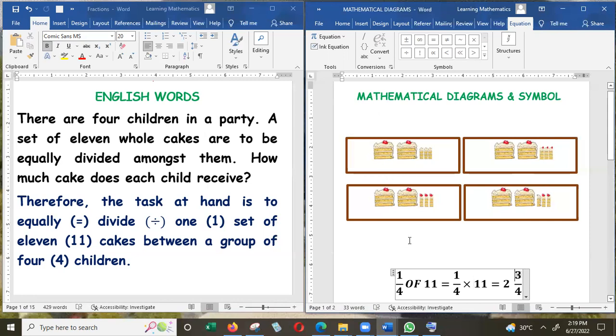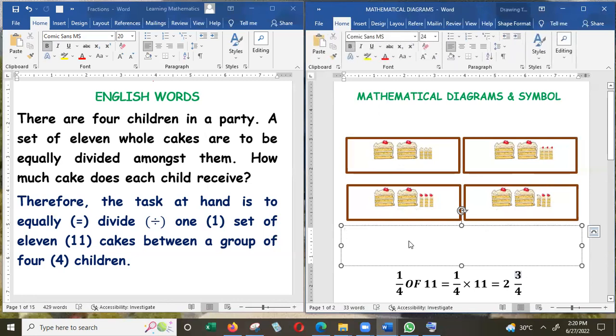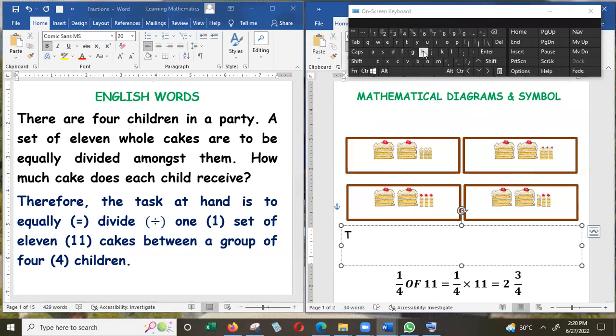So we can conclude that when we would like to share a set of 11 cakes amongst a group of 4 children, each child will receive 2 whole cakes and 3 quarters.